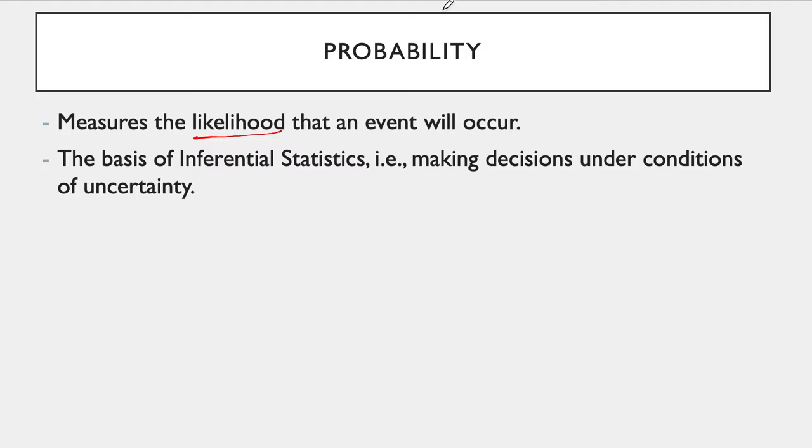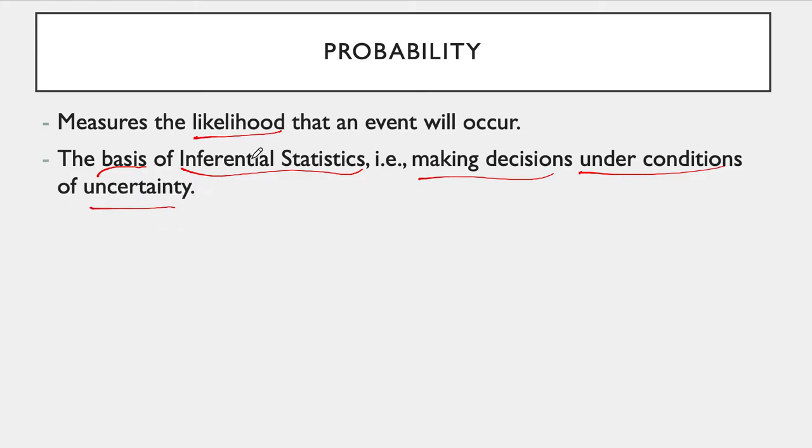Technically, probability is the basis for inferential statistics. Inferential statistics makes use of the language of probability in making decisions, because in inferential statistics we are making decisions under conditions of uncertainty.